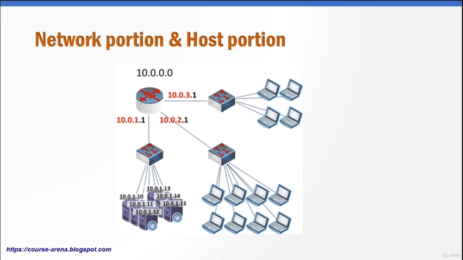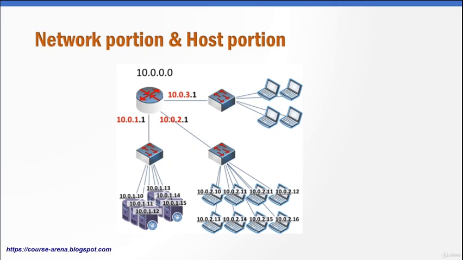The network portion of an IP address is going to be repeated through the entire network. For this LAN, it's 10.0.1, and the host part changes for each device. The first IP address was assigned to the gateway, and then we reserved, that's the term used in DHCP, we reserved or we excluded the first 9 addresses from 1 to 9. And then we begin assigning addresses to end devices from 10 upwards.